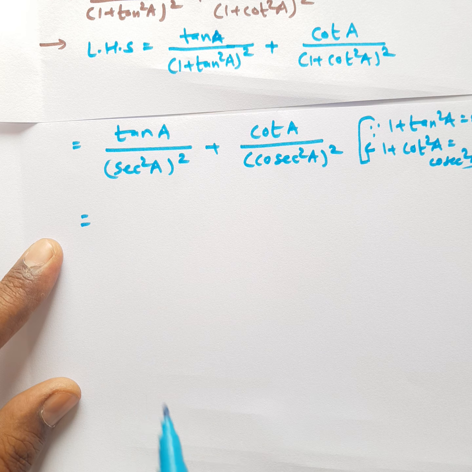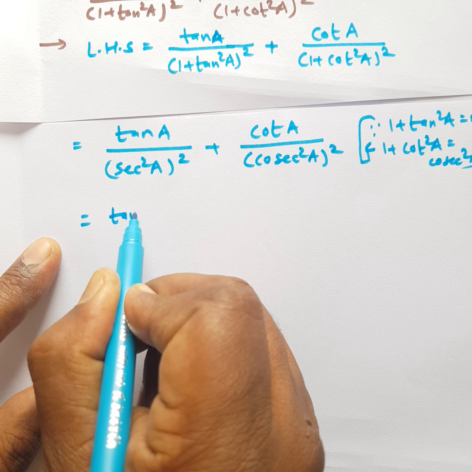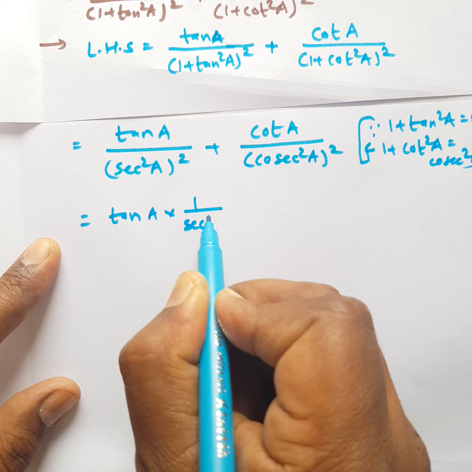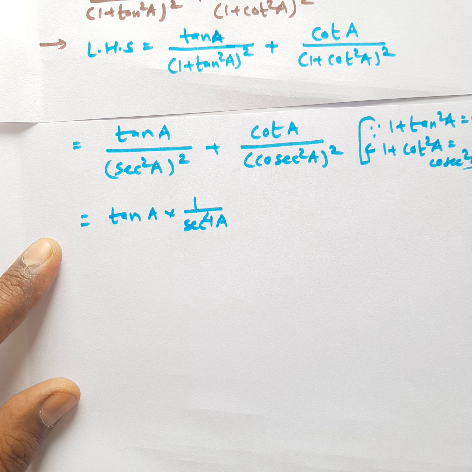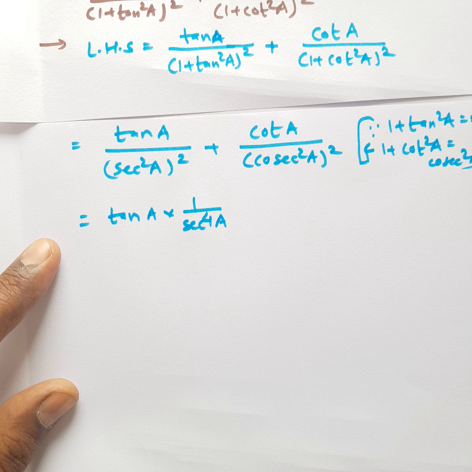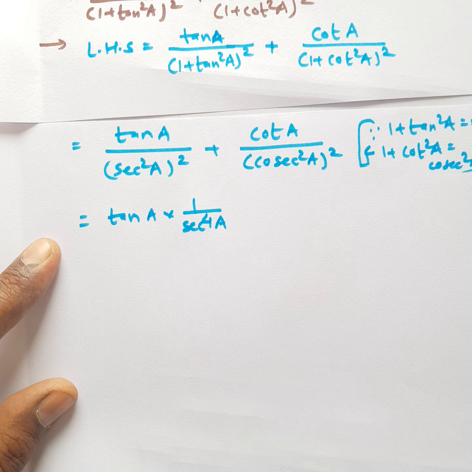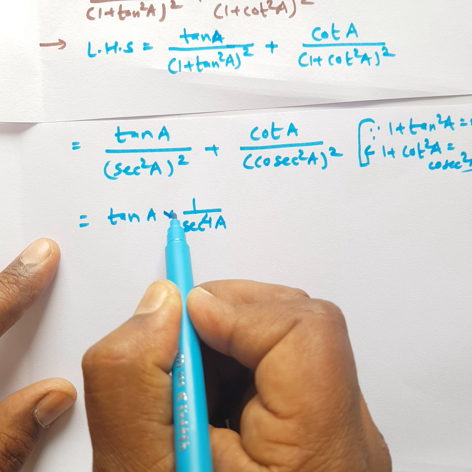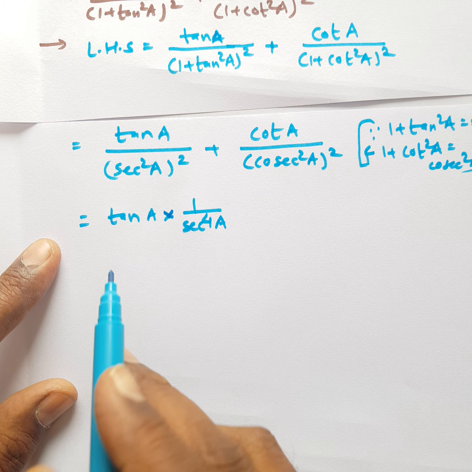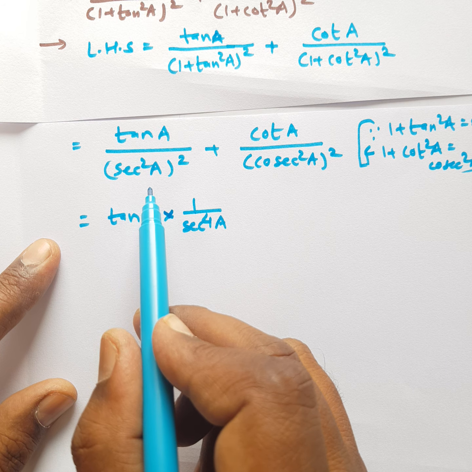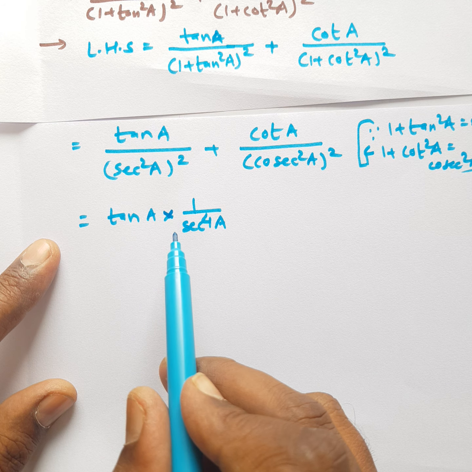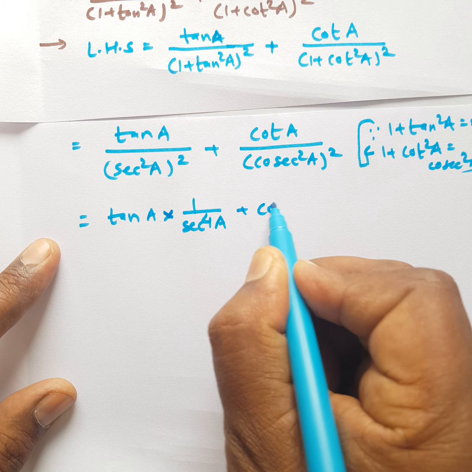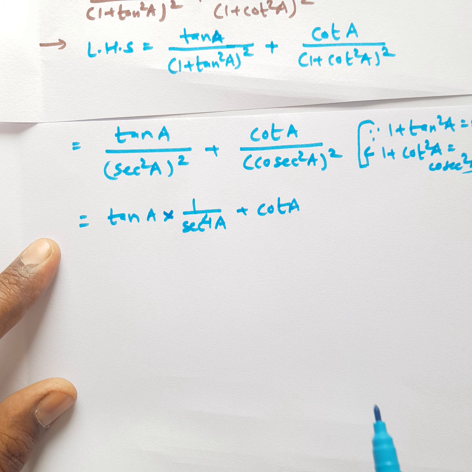It is equal to again tan A. We can write this as tan A into 1 upon sec raised to 4a. Sec square a into sec square a is sec raised to 4a, and we write it in this way: tan A into 1 upon sec raised to 4a, plus cot a upon cosec raised to 4a.